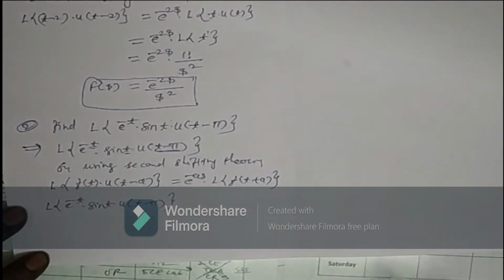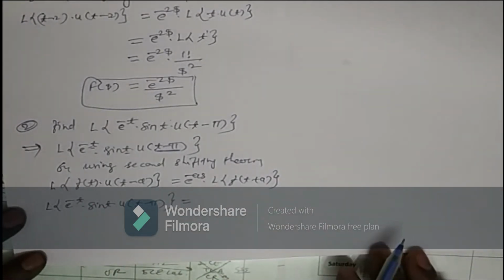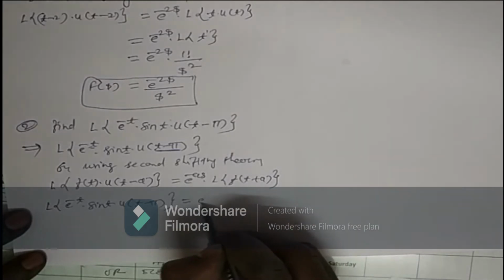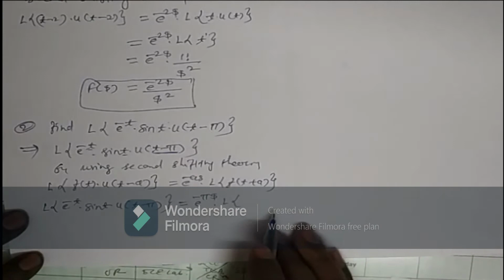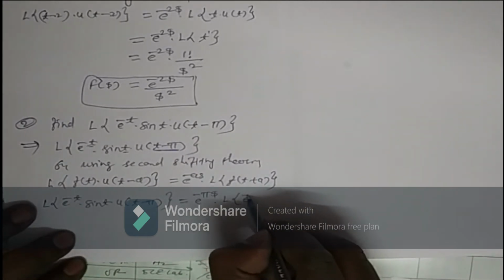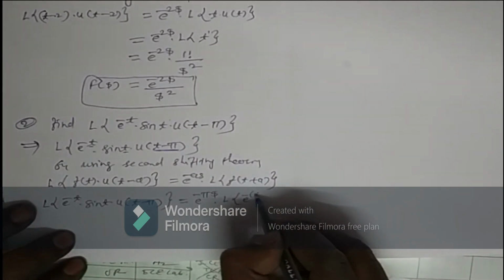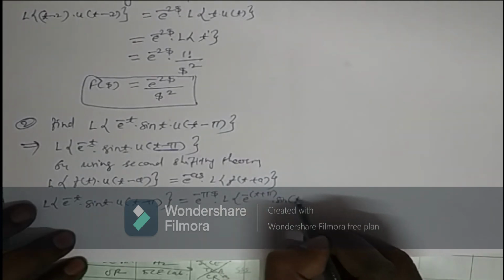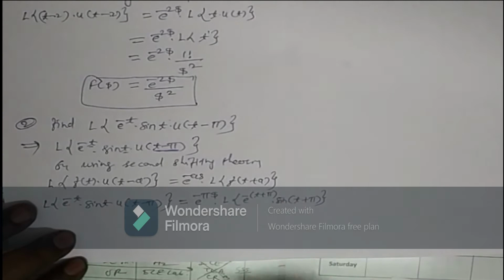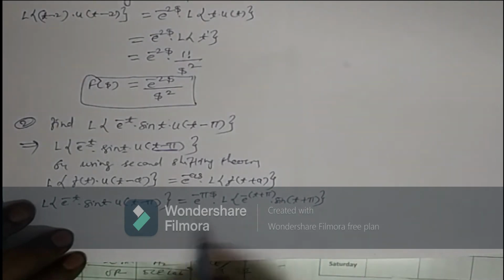Okay. So this can be written as e raised to minus pi s into Laplace transform of e raised to minus (t plus pi) into sin(t plus pi). Isn't it? So this is very simple.